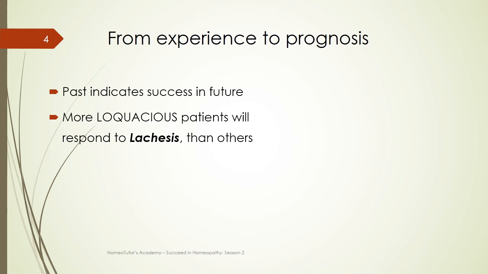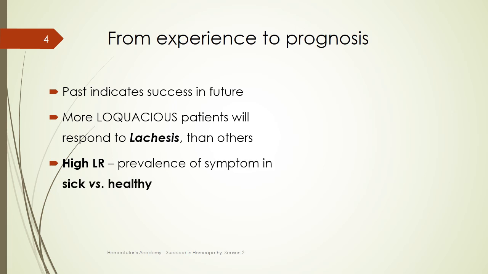Similarly, if you find the patient is very loquacious and he or she also feels uncomfortable with clothing or any tightness around the neck, like a pullover or a necktie or a scarf, then the indications for Lachesis are even stronger, because the LR, or the likelihood ratio, is much higher, because the general population does not feel the same symptom.